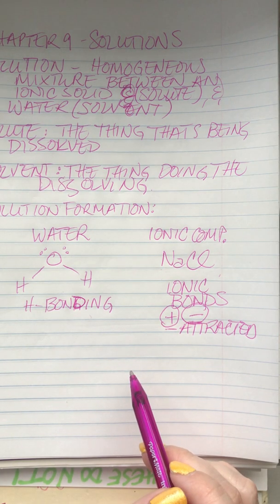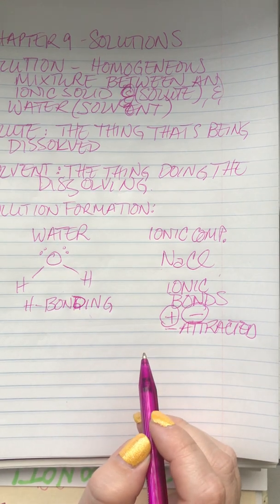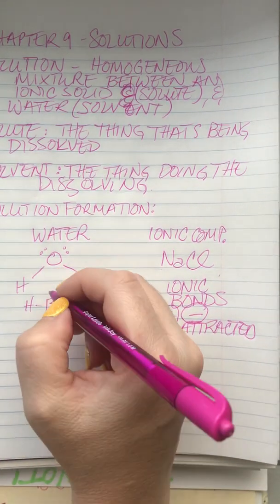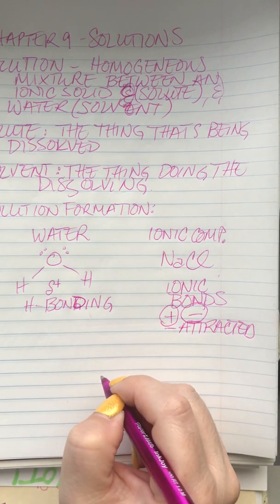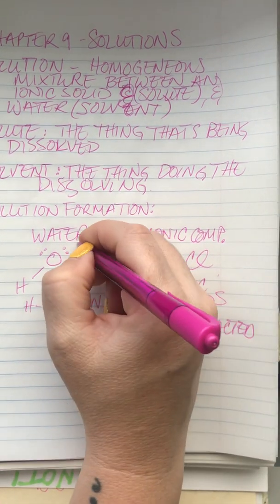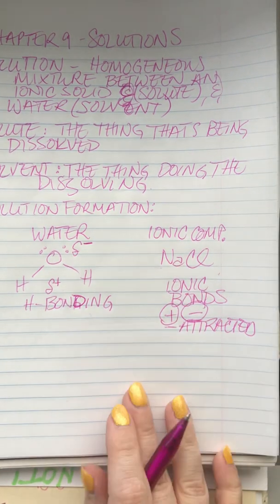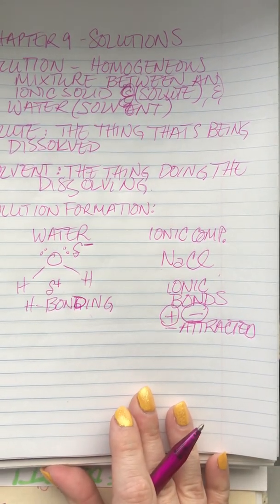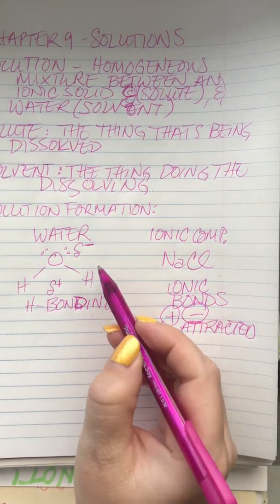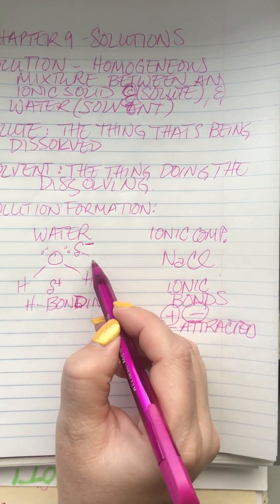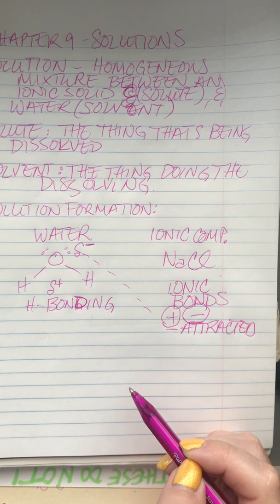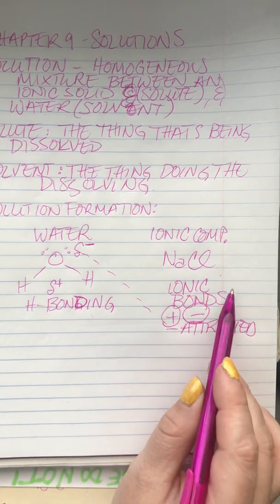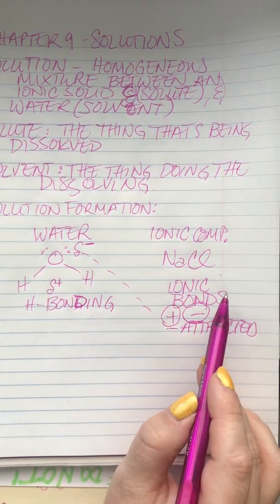So if we have a partial positive down here on water and a partial negative up here on the oxygen, it's still these electrostatic, or opposite, attractions that are going to make the water be able to break up this ionic solid, okay?